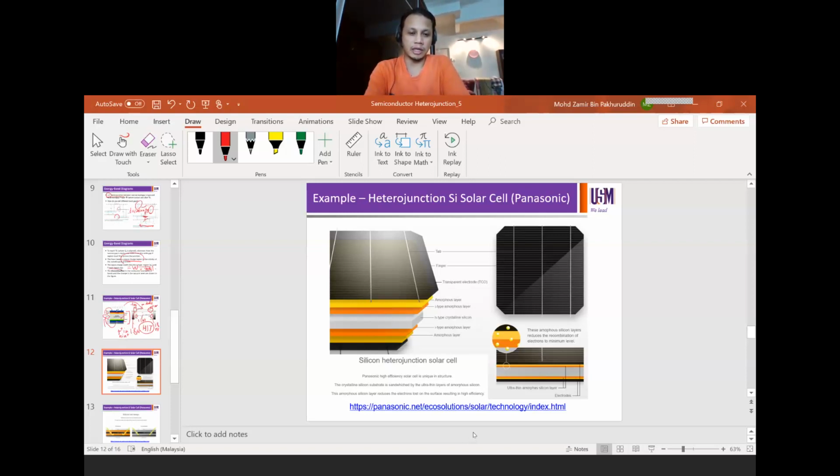The small fingers in between, kecil-kecil ni semua metal contact, it's all silver. In between you can see amorphous layer, N-type, P-type, just like our schematics now, right? So it looks something like this in actual case.